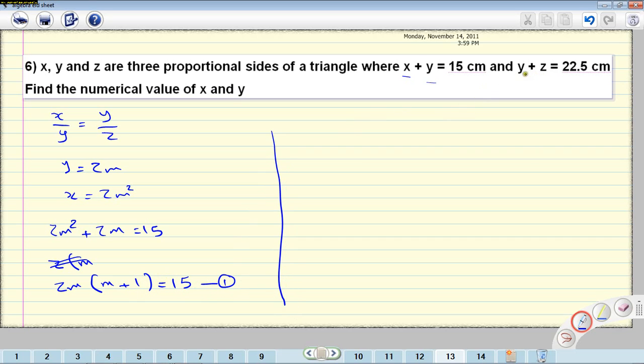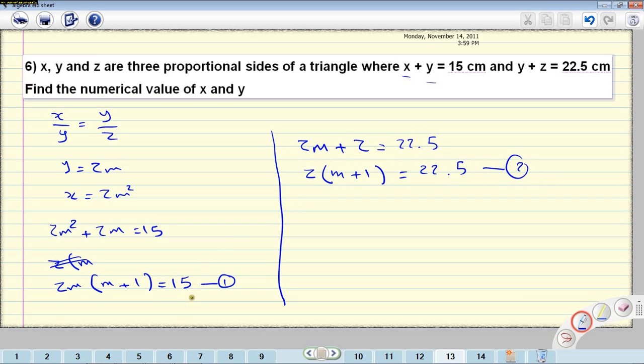And for the next equation, it's Y plus Z equals 22.5. So Y, it's Zm plus Z equals 22.5. So Z open bracket m plus 1 equals 22.5. This is equation 2.